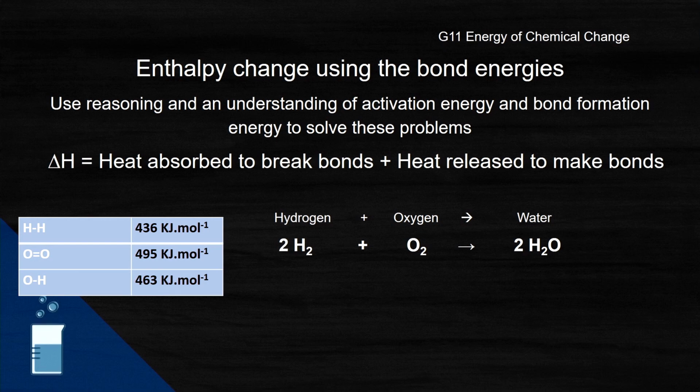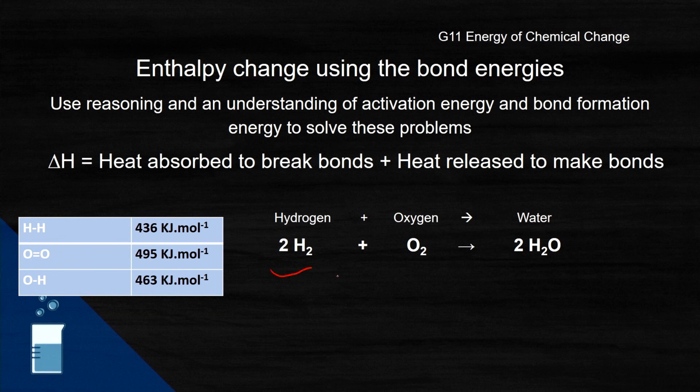Well, if it's a change, it is a difference. A change is a difference in energy. So we've already calculated that for the reactants, we have a value of 2,239 kilojoules, and for the water, we have a value which is 1,852.